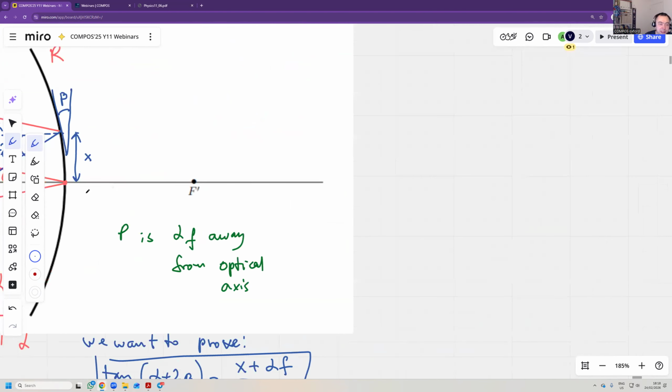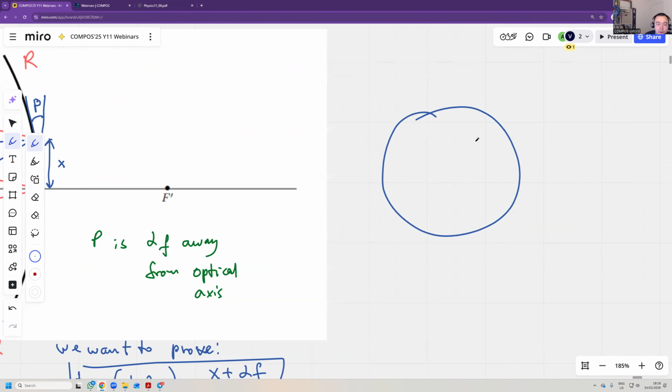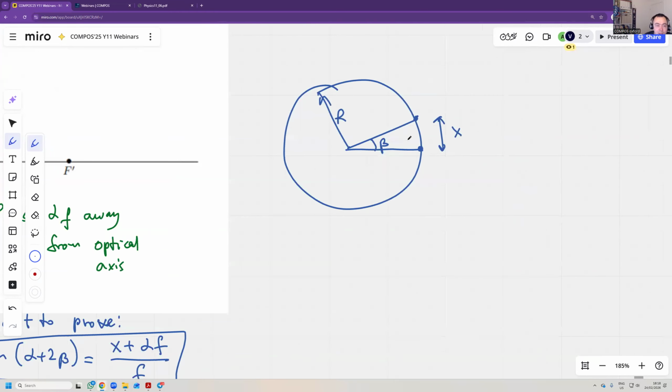If we take a sphere of radius r, and we step away a distance x from the middle, and this angle is going to be beta, we can say that sine beta is equal to x divided by r, because this is r, this is x.